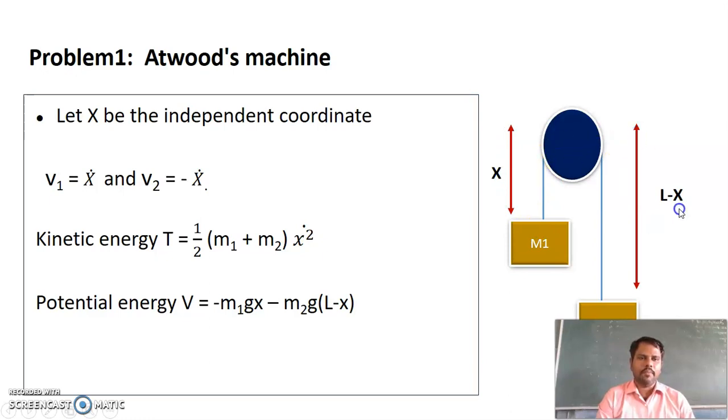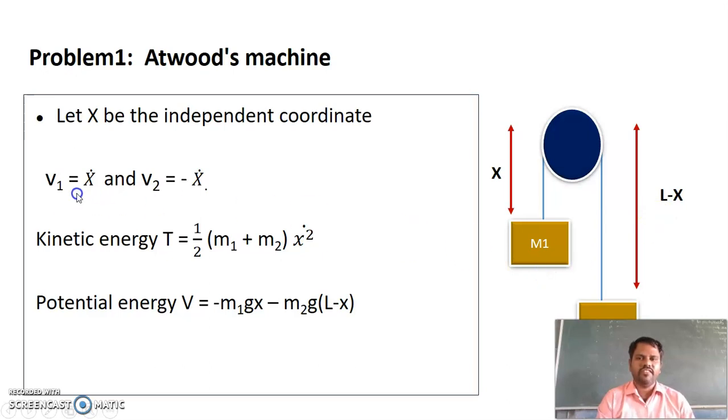So L minus x will be the distance of mass m2 with respect to the pulley. Now for this setup, I need to know its potential energy as well as kinetic energy. We see that it has only one coordinate, x.